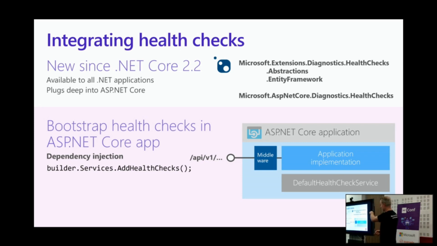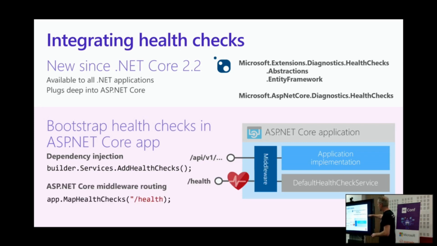If you map a new endpoint, for example /health, that's done with MapHealthChecks, and you pick the name of your endpoint. You need to have that as well, because otherwise you can't get the information out of the system. So this will give you a /health, and if you visit it, it will give you the healthy, degraded, unhealthy text with the status codes. That's as simple as it gets, but this is only where it starts, right?